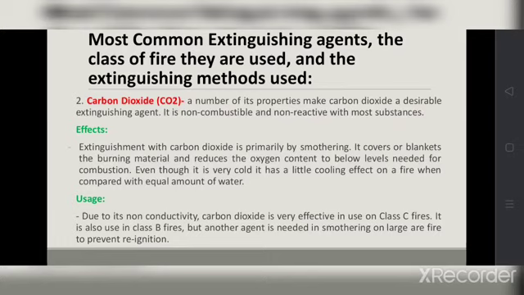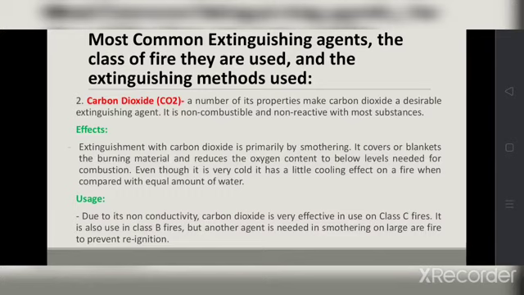What is conduction, or when is a material a good source of conduction, the transfer of energy? It is the transmission of heat through an object, medium, or conductor such as pipe, metal, hot air duct, wire, or even wall. So due to its non-conductivity, carbon dioxide is very effective in use on Class C fires.